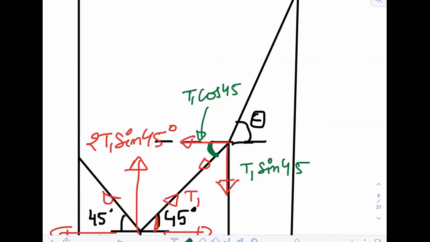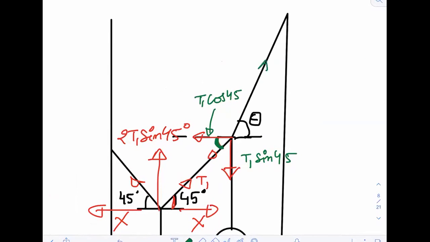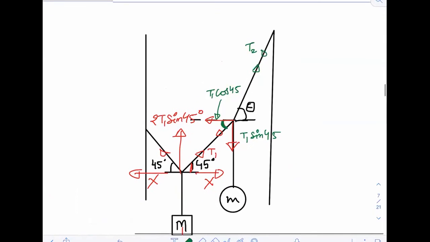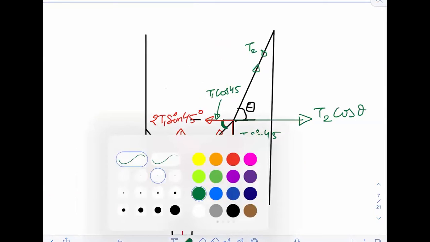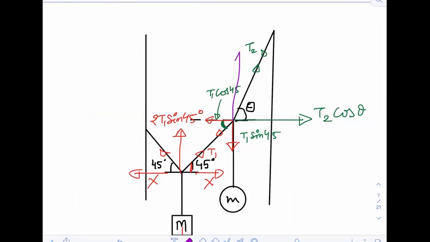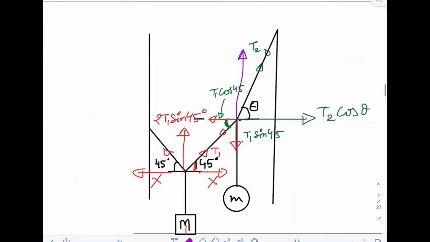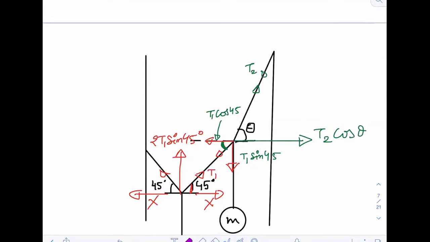Now this is the second string, which has tension T2. So in the x direction, this is going to have T2 cos theta, and in the vertical direction, it is going to have T2 sine theta.